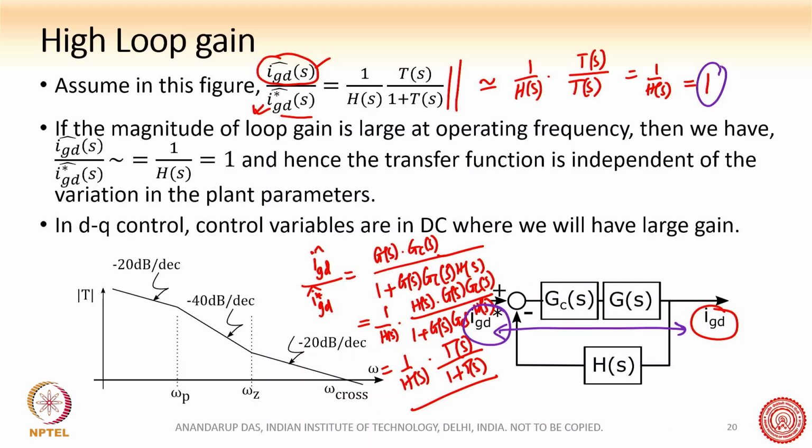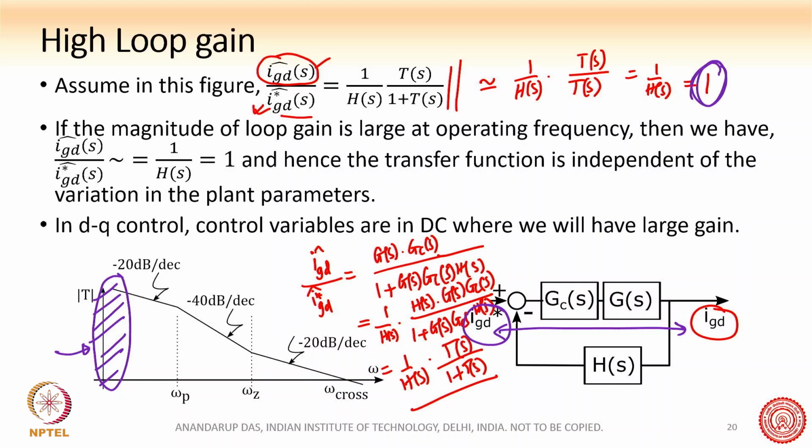Suppose our entire system is operating in this frequency range, so all our variables have perturbations which are very close to DC, very small, slowly varying quantities. In this area, you can see that the loop gain is very large, right? And because the loop gain is very large, I can easily get a gain of 1.